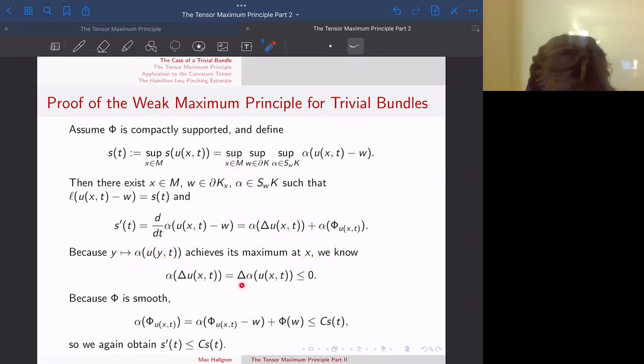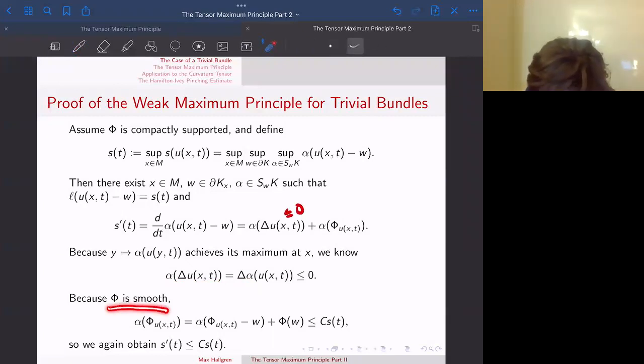And so that means that, in particular, just by the usual maximum principle or the second derivative test, the Laplacian of this expression has to be non-positive. But this is just a linear function, and so it's easy to show that we can bring the derivative inside and get this. So in other words, we've shown that this is less than or equal to 0.